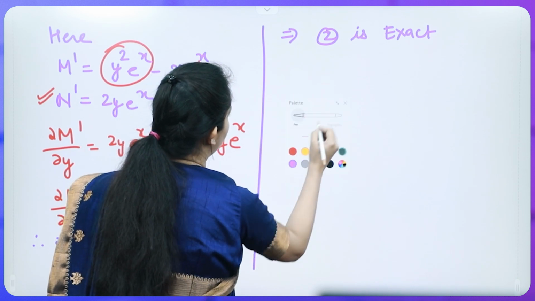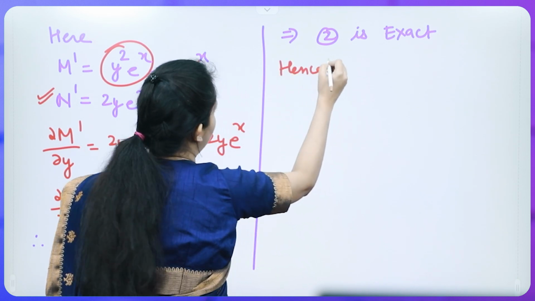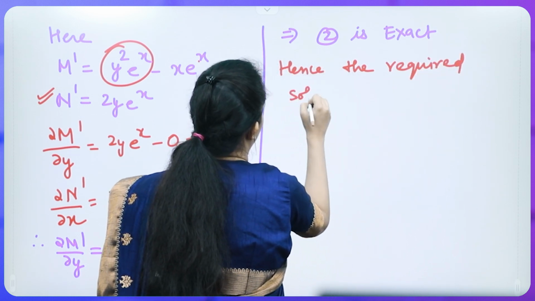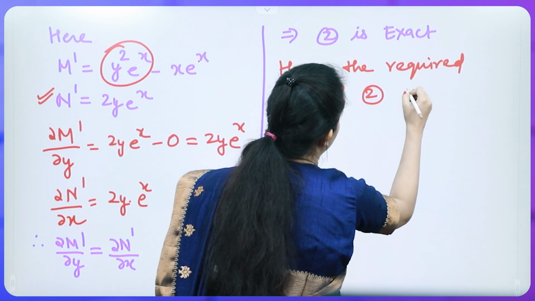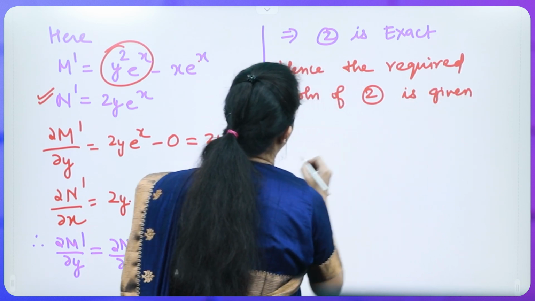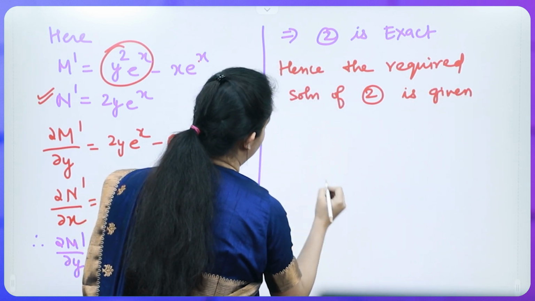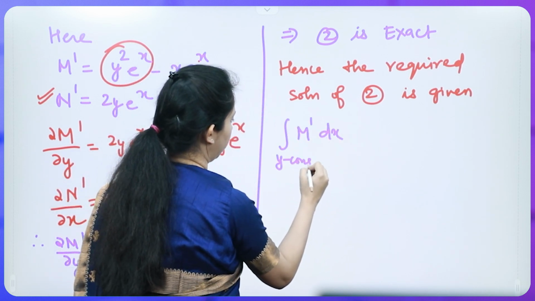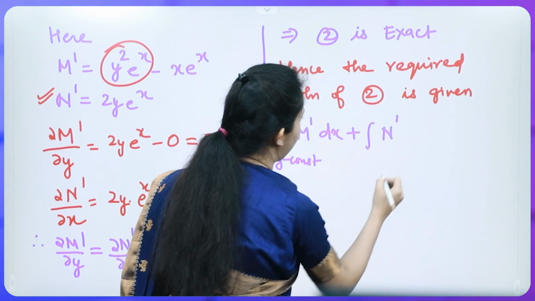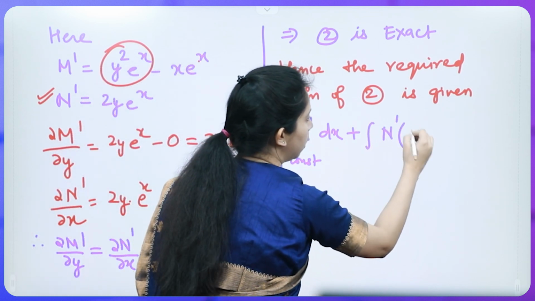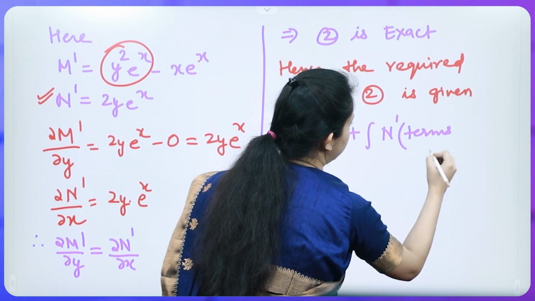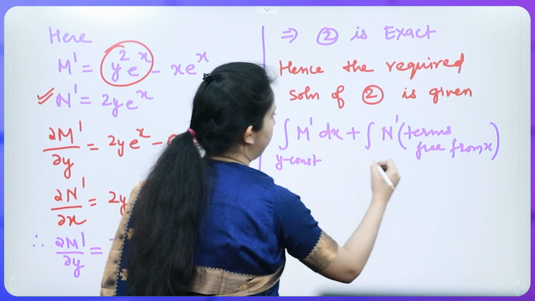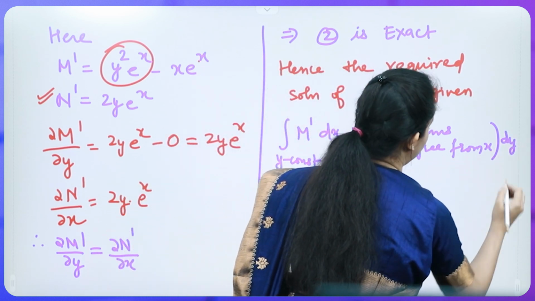Hence, the required solution of equation number 2 is given by the formula: integration of M' dx treating y as constant, plus integration of N', where N' will have only those terms which are free from x, into dy, is equal to c.